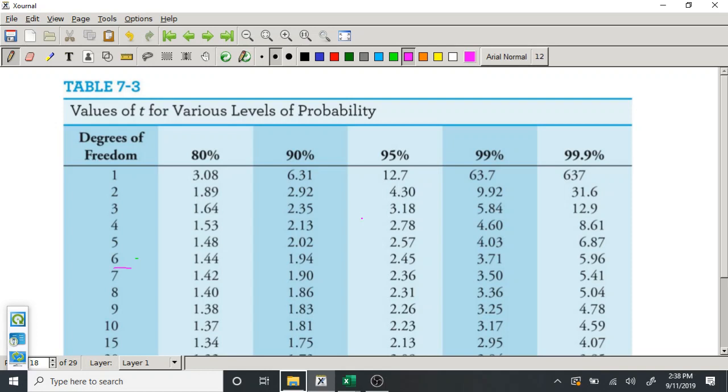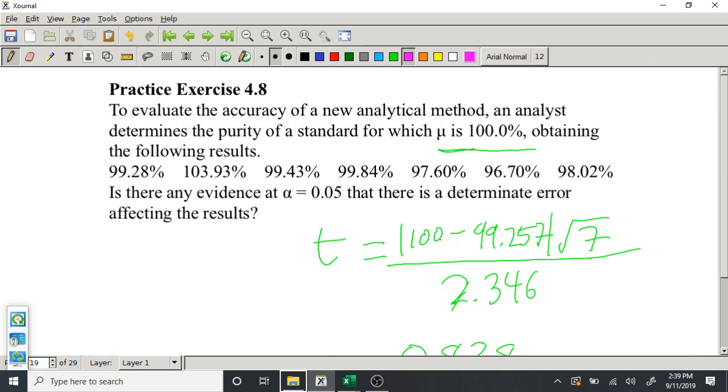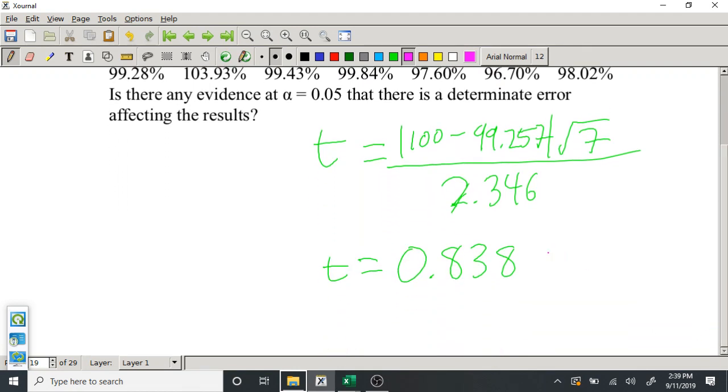For 95% confidence, the t-value is 2.45. And so what we would conclude is that this is significantly less than that 2.45 value for 95% confidence, and so that means our data are probably the same.